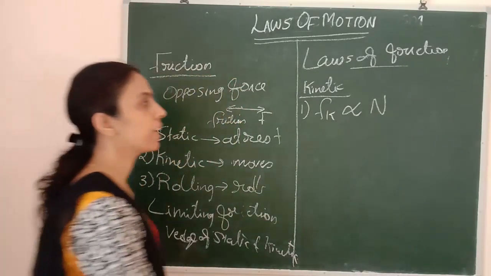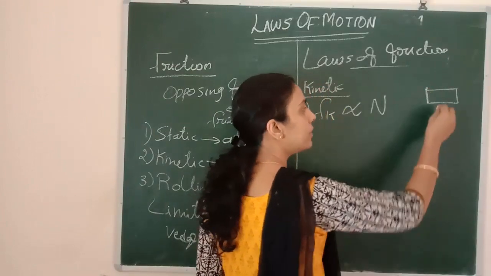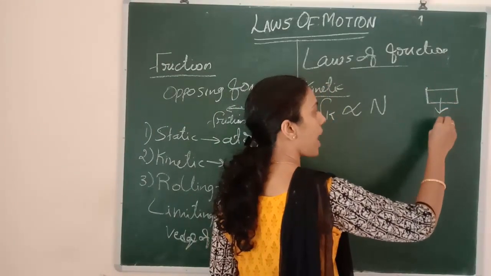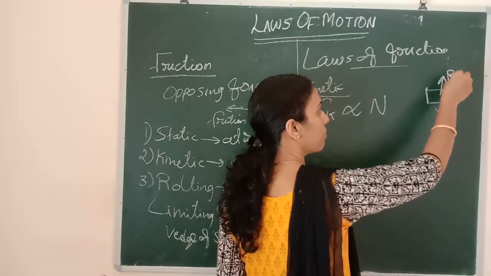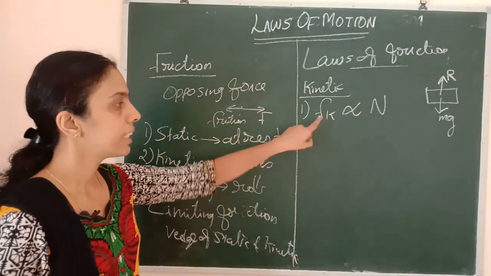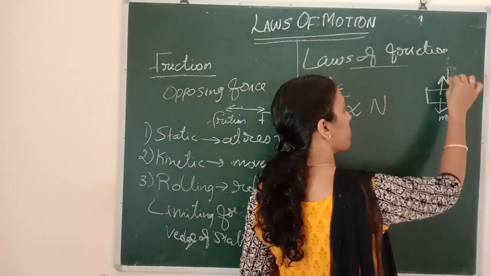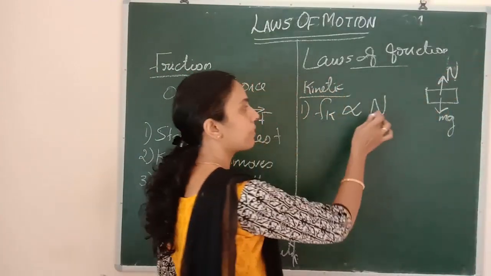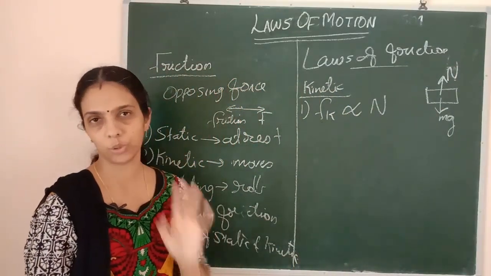What is the meaning of that? See, if this object is under motion, it will have a force acting downwards, mg. It will have a reaction force also. If I represent the normal reaction as N, then Fk is proportional to this normal reaction force.